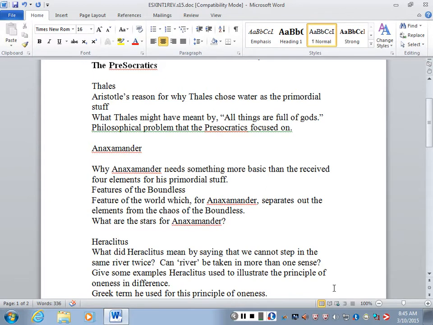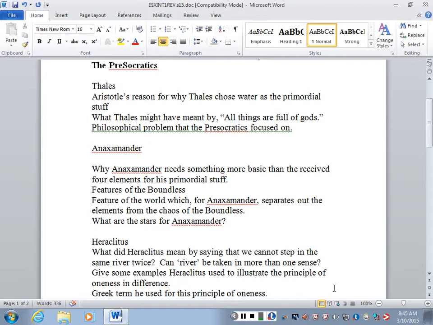So the features of the boundless are it's beyond our senses. It's kind of a homogeneous mass. Russell says it's more like a primordial sea of existence or sea of being out of which everything comes.